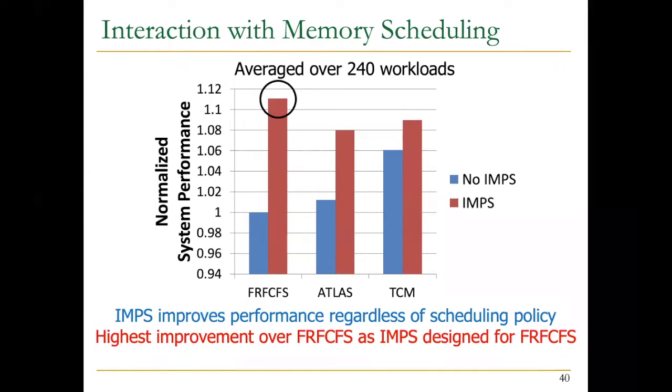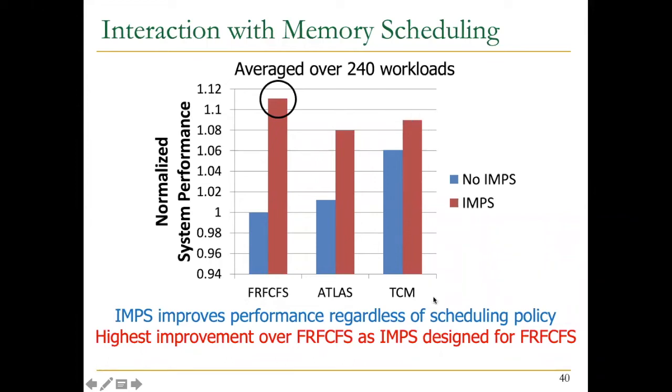If you were designing a memory channel partitioning algorithm, and maybe an integrated memory channel partitioning and scheduling algorithm, given that your memory controller is TCM, thread cluster memory scheduling, which we discussed earlier, then I would design a different memory channel partitioning algorithm, because TCM does some things to actually distribute the workloads, to do prioritization between different workloads. And if you're using the same partitioning policy you were using for FRFCFS, I don't think you would gain much. And the results show that also.